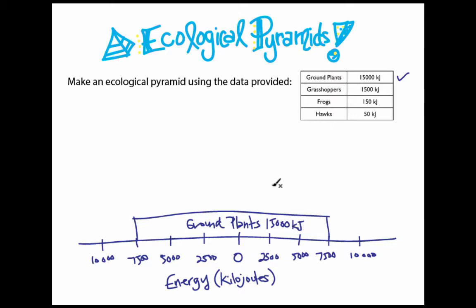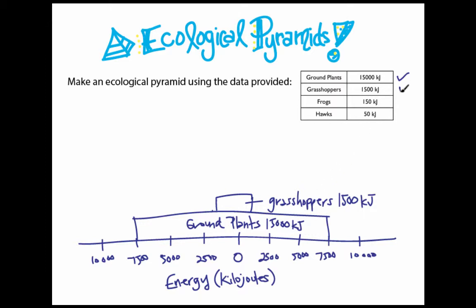Next, grasshoppers, 1,500 kilojoules. Half of 1,500 is 750, so you can eyeball that and guesstimate it to be around there. And that would be grasshoppers, and that's 1,500 kilojoules.